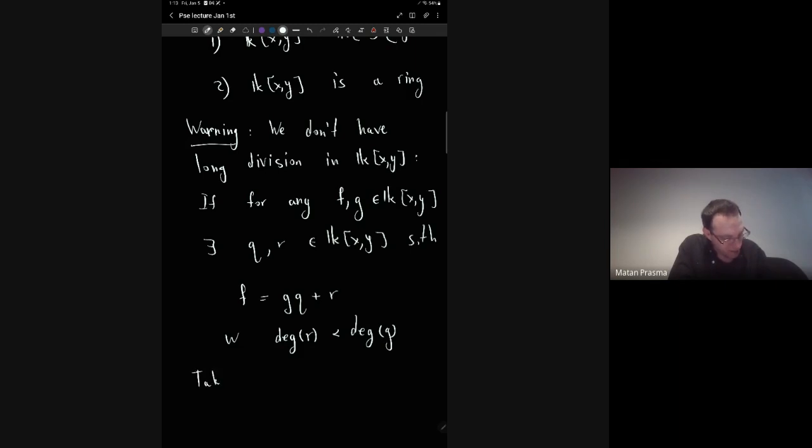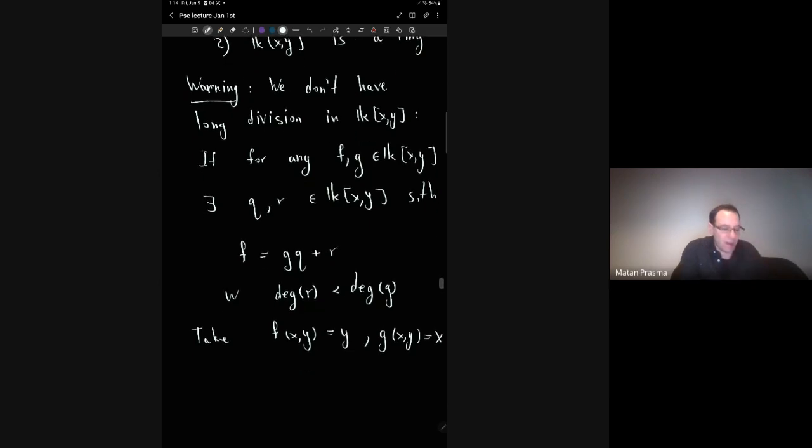I can take f(x,y) to be y, g(x,y) to be x, and then if I had long division for these two polynomials, then there would exist a q and r such that y is equal to qx plus r.